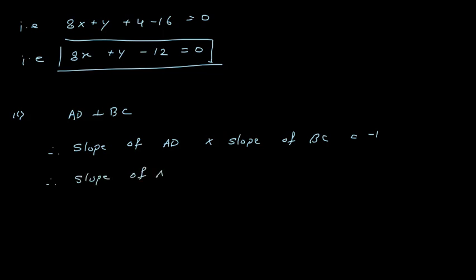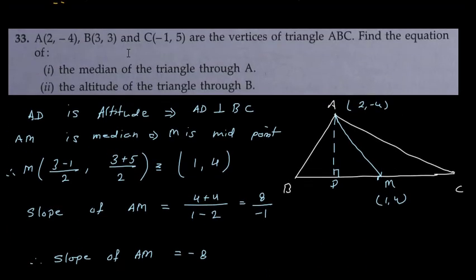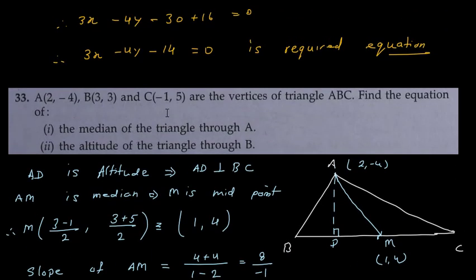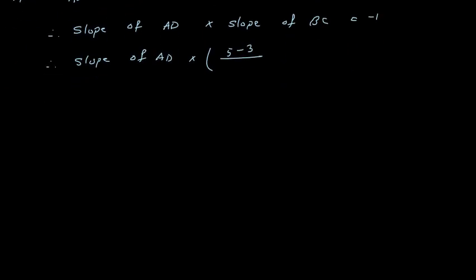Now slope of BC we have to calculate. So B is 3, 5 and C is minus 1, 3. So it is 5 minus 3 upon minus 1 minus 3, this is minus 1 minus 3.